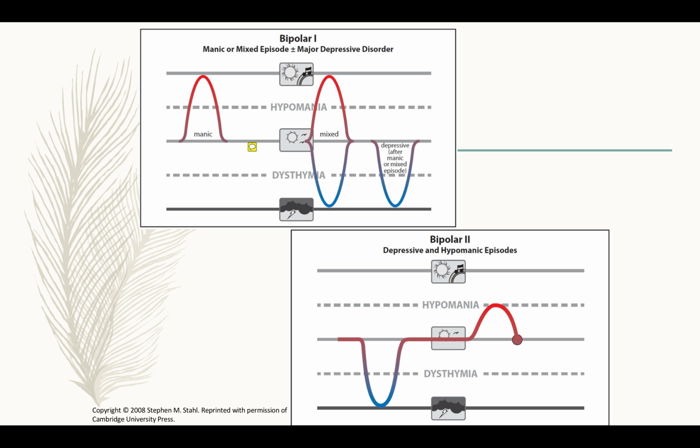And then you see significant drops down for those depressive episodes that they experience, okay? As compared to bipolar 2, the depressive episodes are a deep dive, but the mania episodes are obviously less severe, okay? So showing the differences between bipolar 1 and bipolar 2.